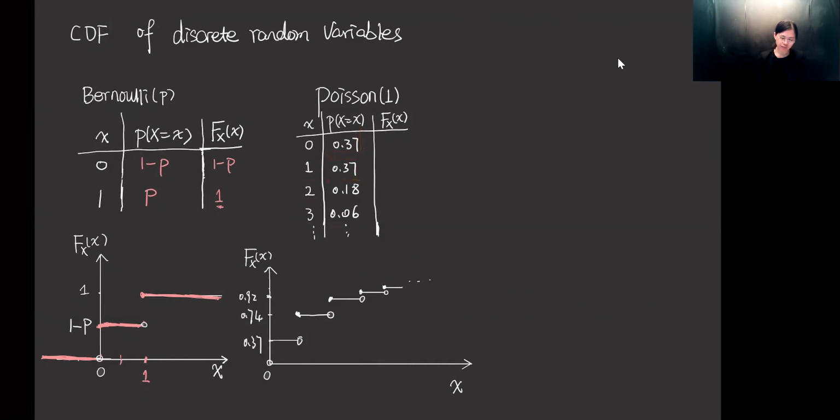The CDF at the point 0 is 0.37. And to get the CDF at the point 1, we sum up these 2 numbers. So we do a cumulative summation. We sum up these 2 numbers, we get about 0.74. And to get the CDF at the point 2, we sum up these 3 numbers. The sum of these 3 numbers is about 0.92.